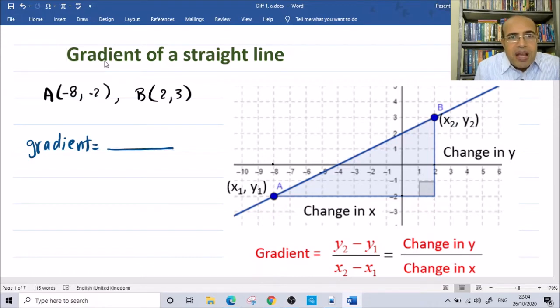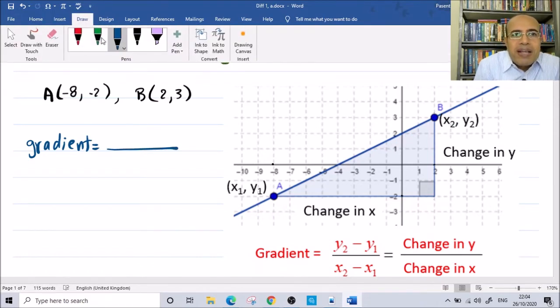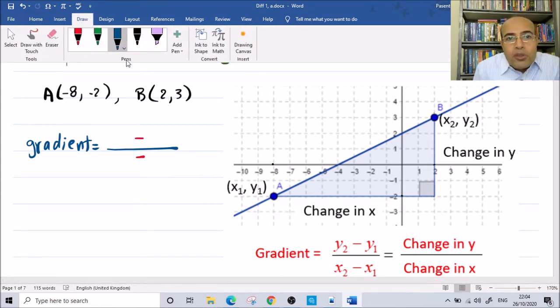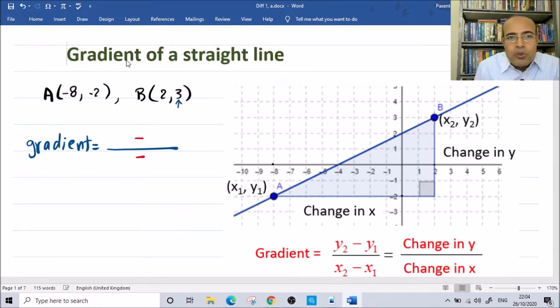So the gradient of this line equals, remember, here we have minus from the rule. Now y2 equals 3; this is (x2, y2), and this is (x1, y1). So y2 is 3 minus y1, negative 2, over x2 minus x1, where x1 is negative 8.